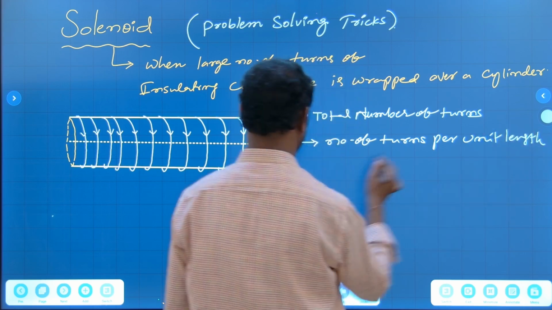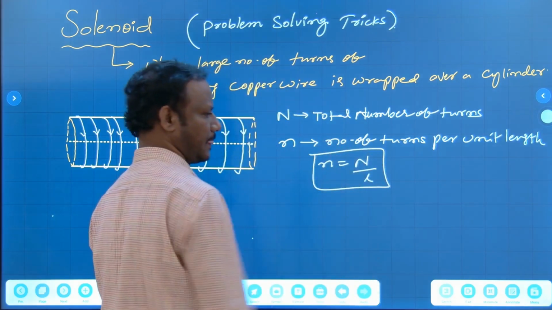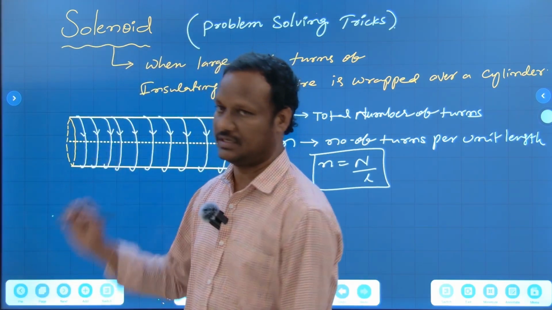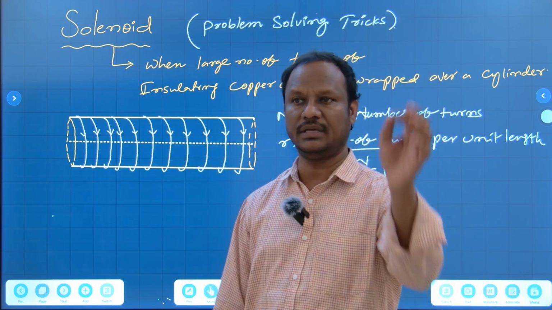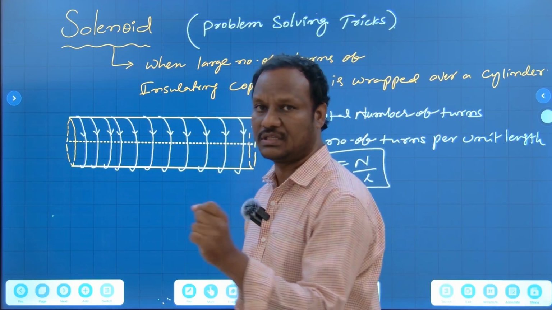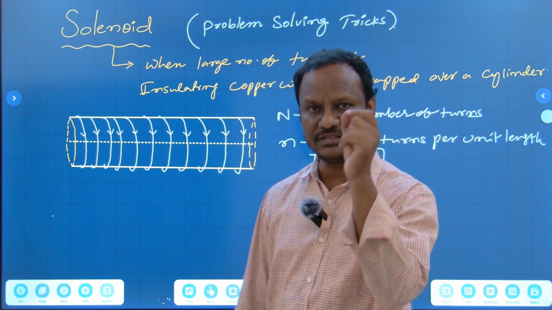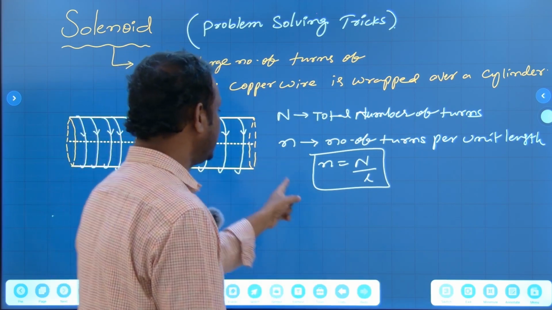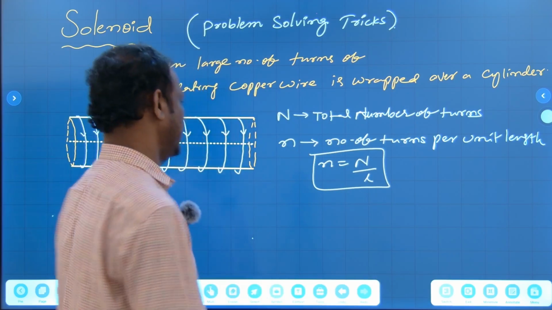The relation is n equals capital N by L. For example, let's say the length is 2 meters, which means 200 centimeters. Over this 200 centimeters, let there be 20,000 turns. Then in 5 centimeters, how many turns are there? The number of turns per length gives small n, and the total number of turns gives capital N.